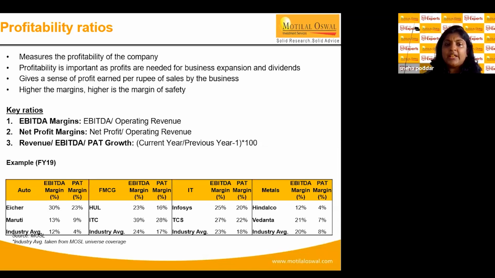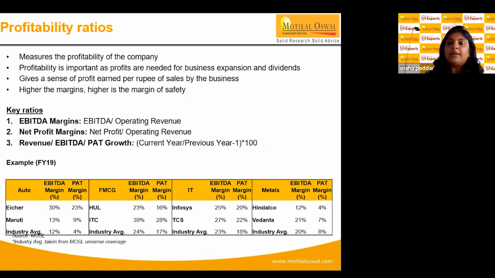And similarly, the net profit margin is nothing but net profit over the operating revenue. So at the net level, what are the margins that the company is able to generate? Anything 7-8% plus is a very healthy margin. But there are many industries, like capital goods and infra, where the margins are a little lower, because those are debt heavy companies and they are more capex driven.